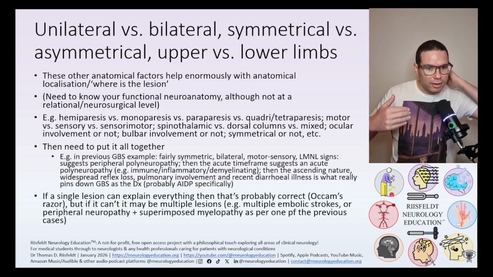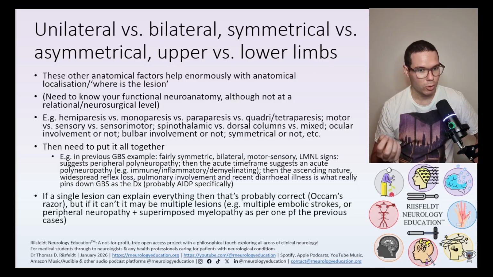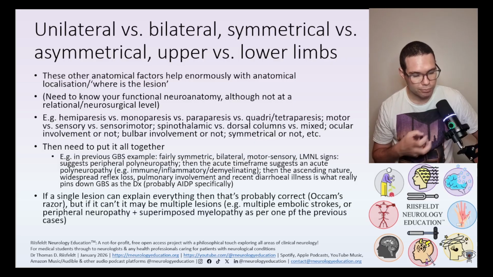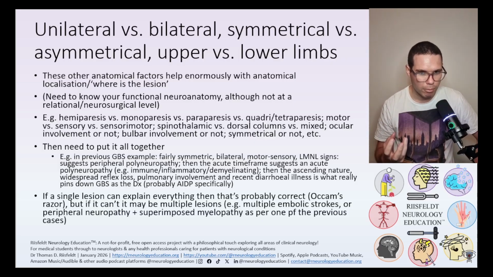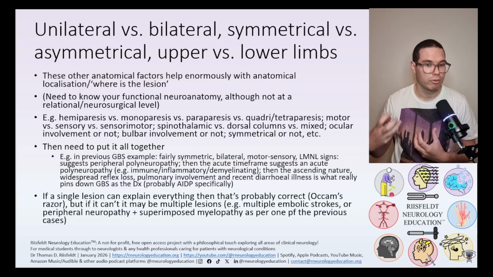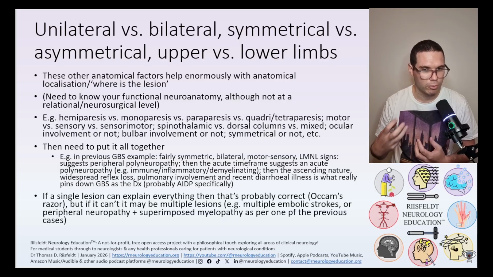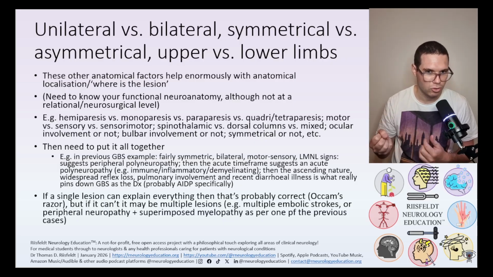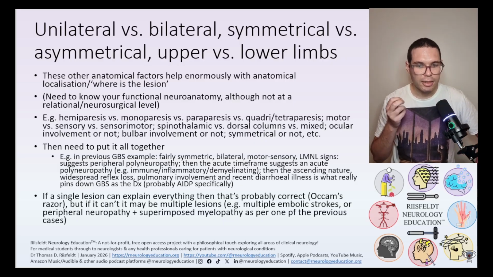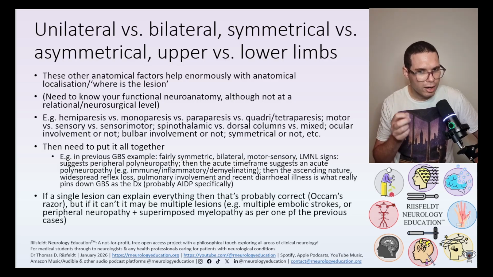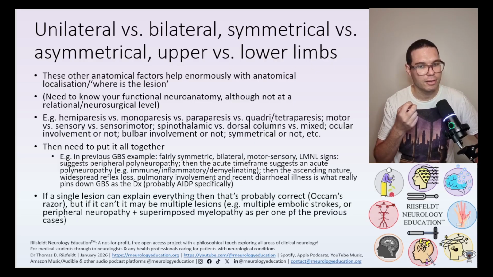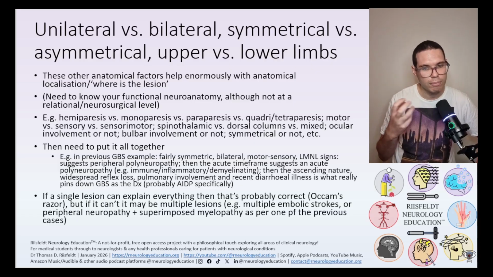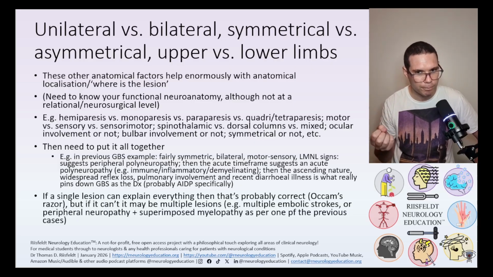So in the previous example of the run-of-the-mill Guillain-Barré syndrome that I gave at the beginning, we had a fairly symmetric, bilateral, sensory motor problem with lower motor neuron signs. So that already suggests that this is a peripheral neuropathy, which is the cause of this problem. So that's the where-is-the-lesion question. Then the tempo, so the acute time frame suggests that this is an acute polyneuropathy, and specifically it suggests that it may be, say, an immune, inflammatory, demyelinating type of problem.